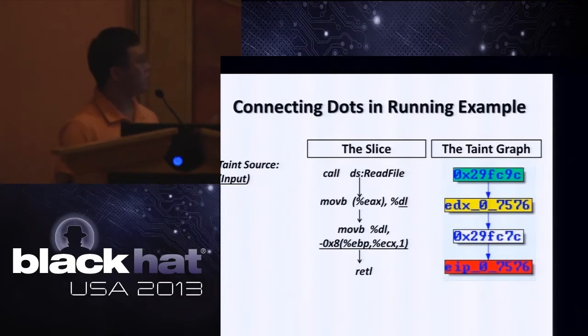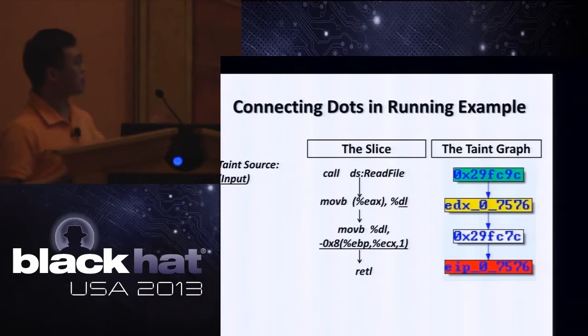Each node of the taint graph represents a byte, either a memory location or one byte in any register. And we also encode the registers with thread information, with the sequence information. And we use different colors. The green color, we usually use that to represent the taint source. We use red color for the sink.